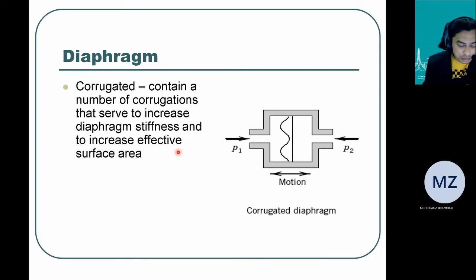But in terms of accuracy, it still has to be studied. Sometimes the corrugated can be more accurate than the membrane type of diaphragm, but sometimes a membrane also can be more accurate. It depends on the application or the design of the diaphragm itself. Okay.